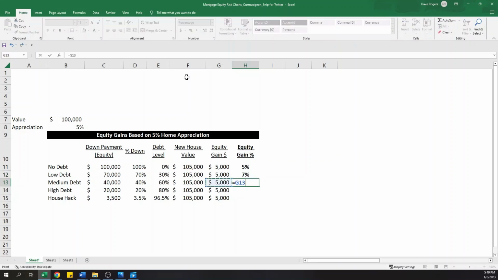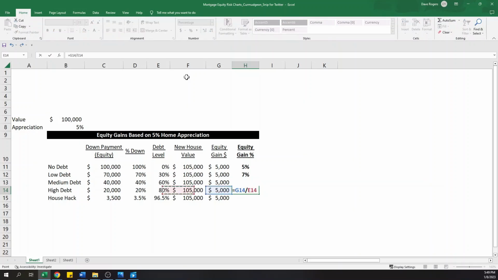Now what if we do a medium debt? This is 60% debt or 40% down. 5 divided by 40, 13%. So now we have almost 3 times the amount of the equity gain that we had if we did 100% cash when we lever it up 60% and only put 40% down.